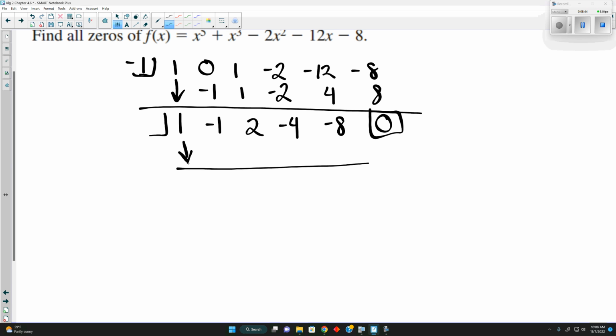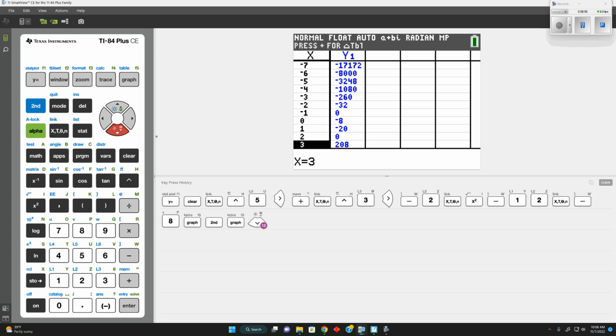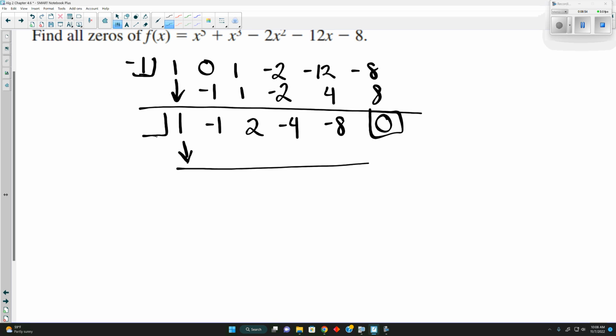What's the next number we can try? Two. So we can try 2 next. And we know it's going to be 0 because the graphing calculator told us that when x is 2, the y value is 0.